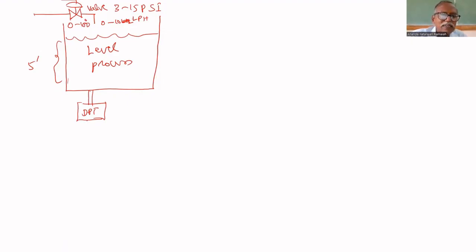Its output will be 4 to 20 milliamps. Current varies from 4 to 20 milliamps. If the tank is empty, it gives 4 milliamps. If the tank is full, it gives 20 milliamps.